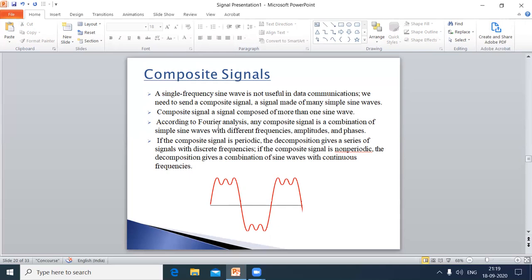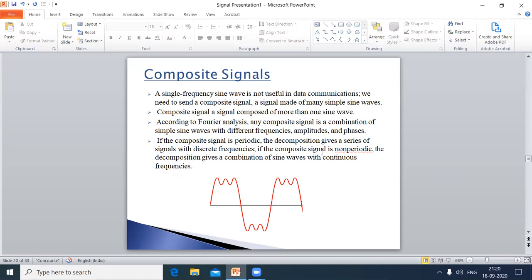According to Fourier analysis, any composite signal is a combination of simple sine waves with different frequencies, amplitudes, and phases. If the composite signal is periodic, the decomposition gives a series of signals with discrete frequencies.